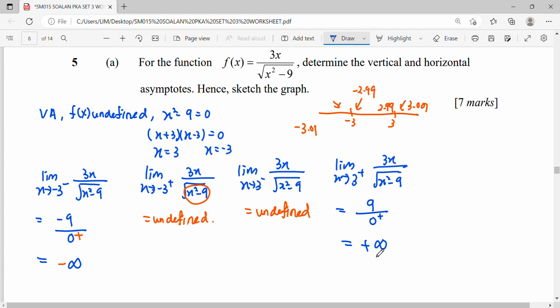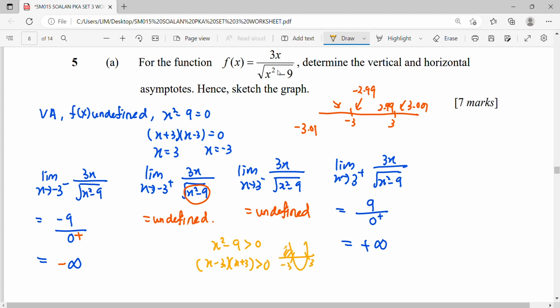Okay. If it feels strange, we look back at the idea of domain. The expression under the root must be more than 0, right? So this x squared minus 9 must be more than 0. This means this quadratic is more than 0, with roots negative 3 and 3.